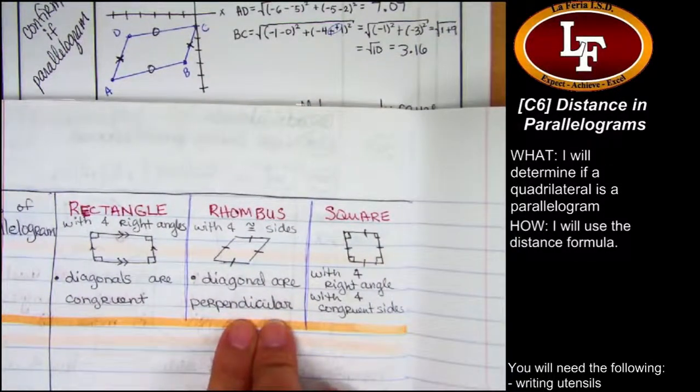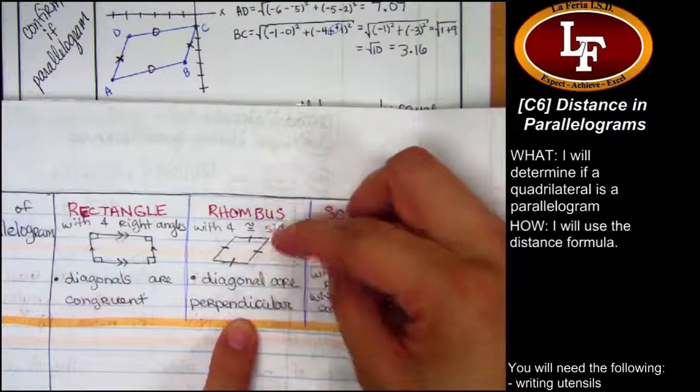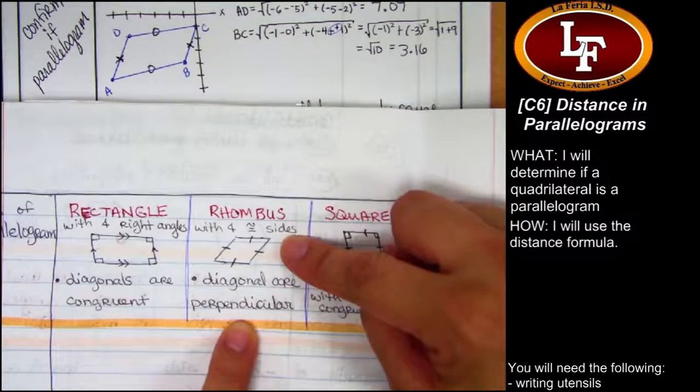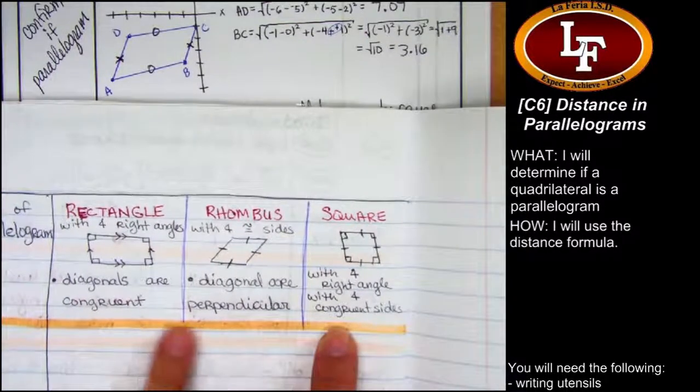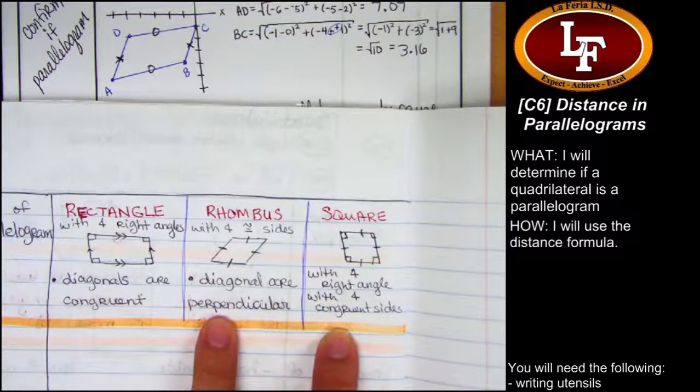For a rhombus, if you're told this thing's a parallelogram, is it a rhombus? You're going to use the distance formula to check that all 4 sides are congruent to each other, that all 4 sides have the same distance. If you do that, it's a rhombus. For a square, you have to check to see if your parallelogram is both a rectangle and a rhombus.